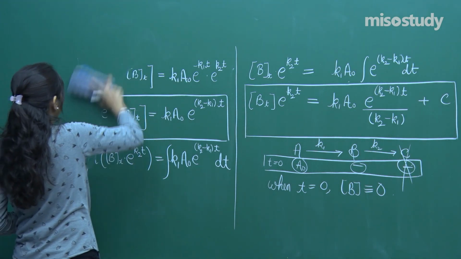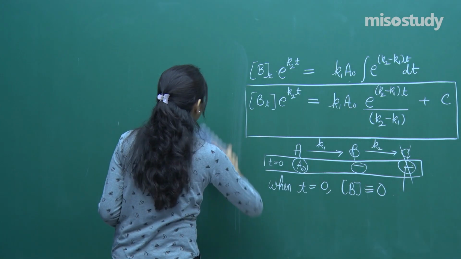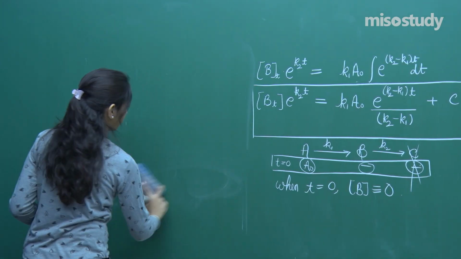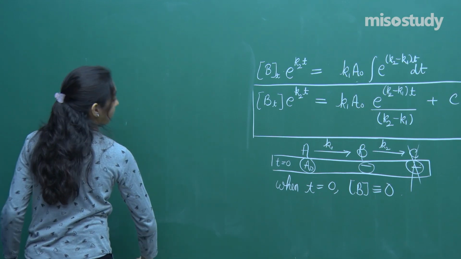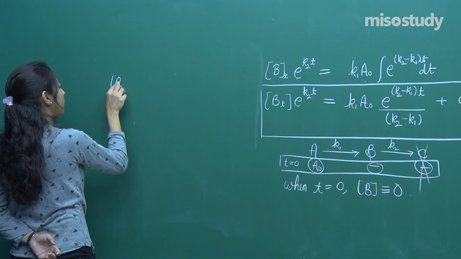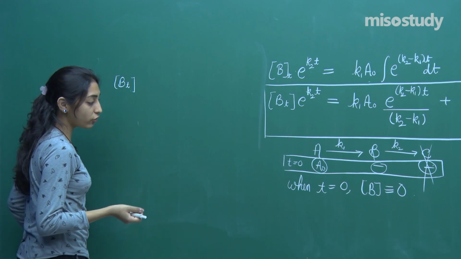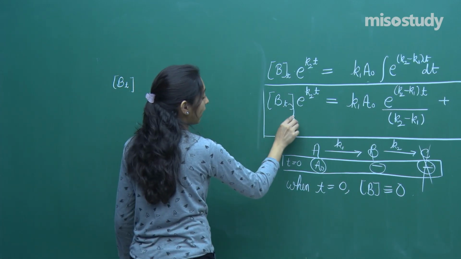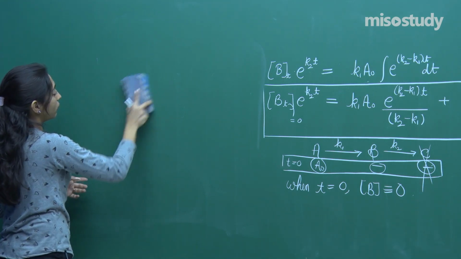See how to proceed further. Now I can simply say that B at time t, so what should be the concentration of B at time t? When you are putting time t is equal to 0, then you will call this complete thing as 0.